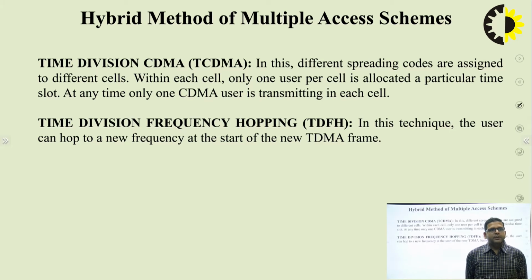Next is time division frequency hopping. In this technique, the user can hop to a new frequency at the start of a new TDMA frame. Actually, in this hybrid multiple access technique, each user utilizes a new frequency only at the start of the new TDMA frame.